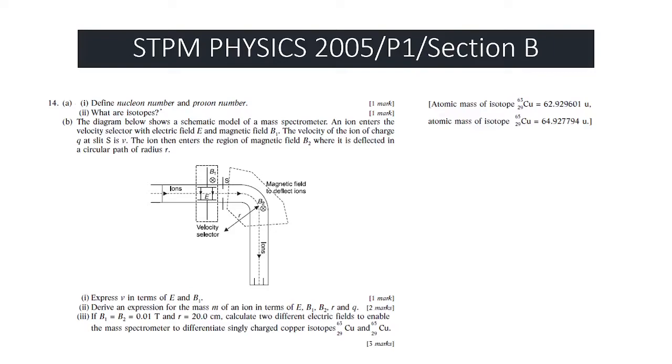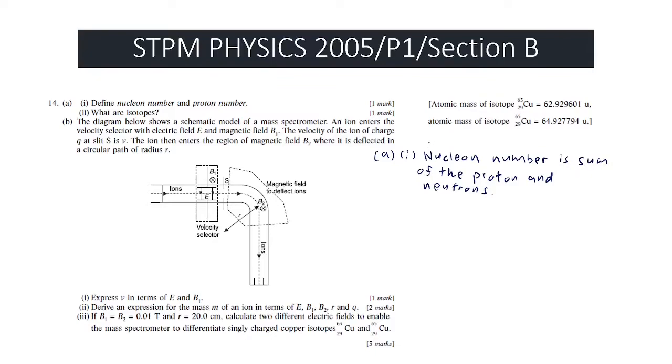A1, define a neutron number and a proton number. So the nucleon number is the sum of the protons and neutrons.